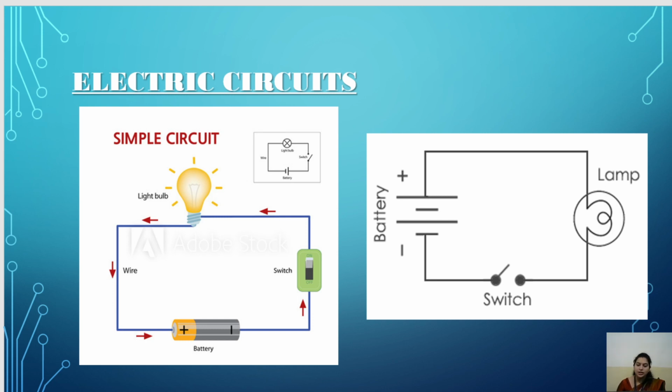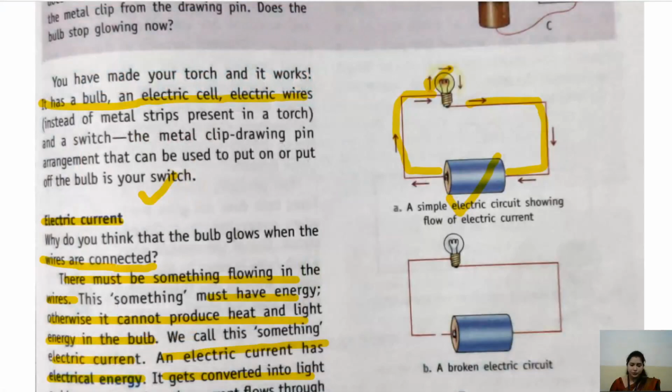इसको हम क्या बोलते हैं? Circuit बोलते हैं. Getting it? Okay. So when there is a complete circuit, then only an electric bulb can glow. Alright. So what is here?